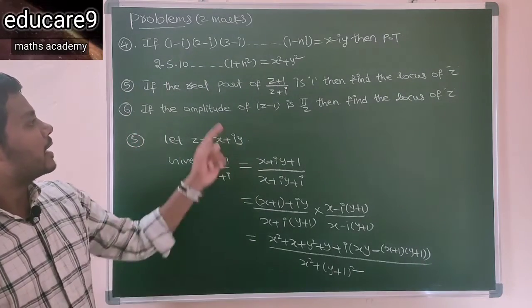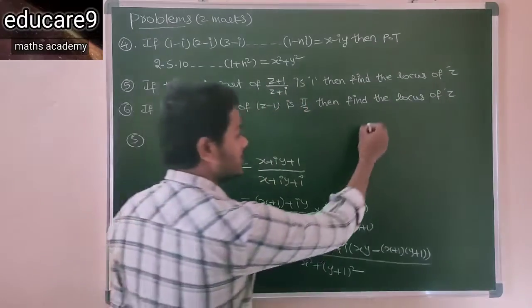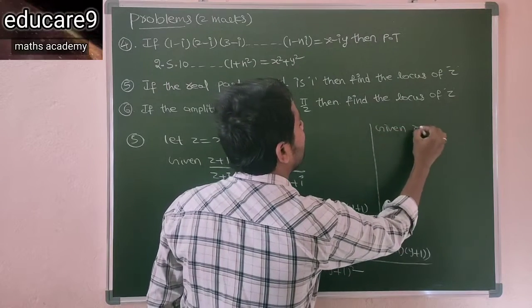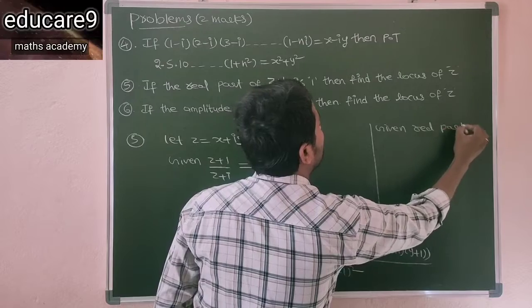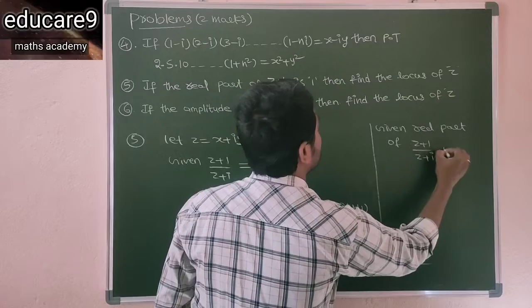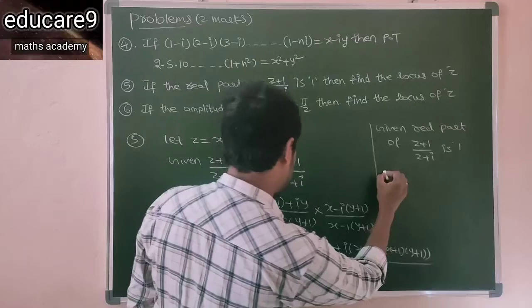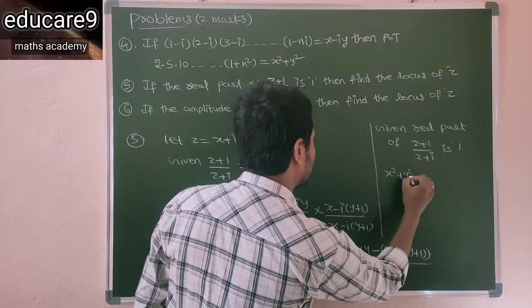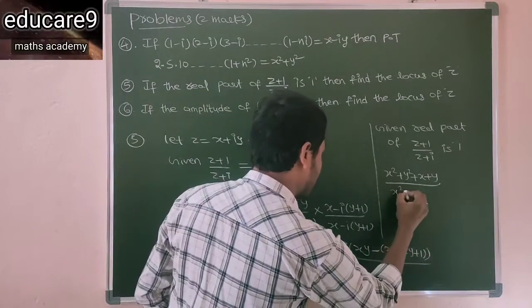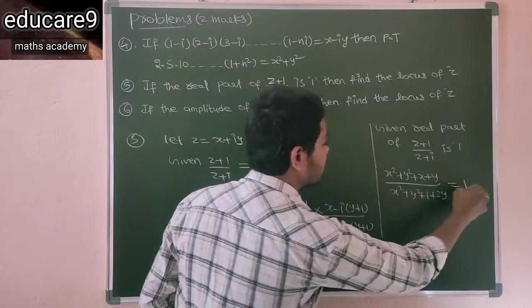So here real part of (z plus 1) by (z plus i) is 1. So given real part of (z plus 1) by (z plus i) is 1. But what is the real part here? So that is x square plus y square plus x plus y divided by x square plus y square plus 1 plus 2y is equal to 1.